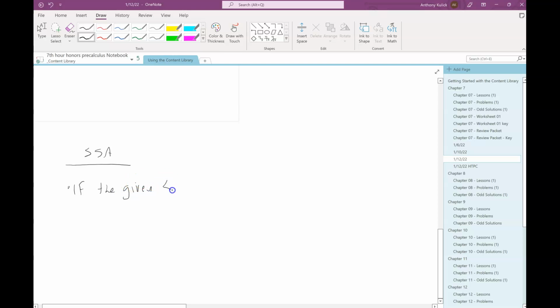If the given angle is greater than or equal to 90 degrees, and the side opposite the given angle is the bigger side, then one triangle is possible.